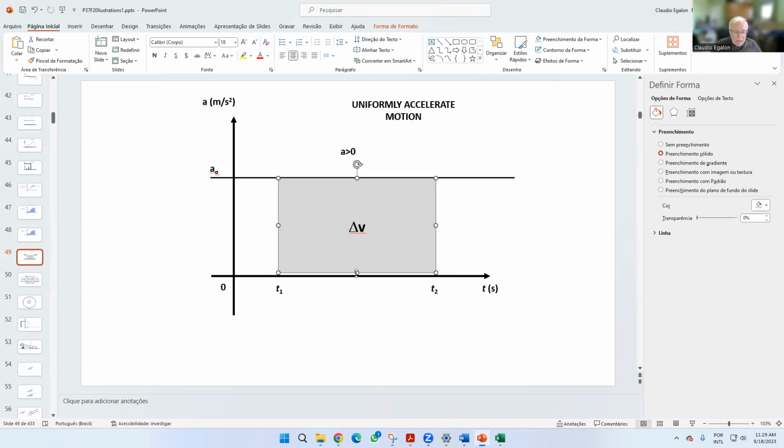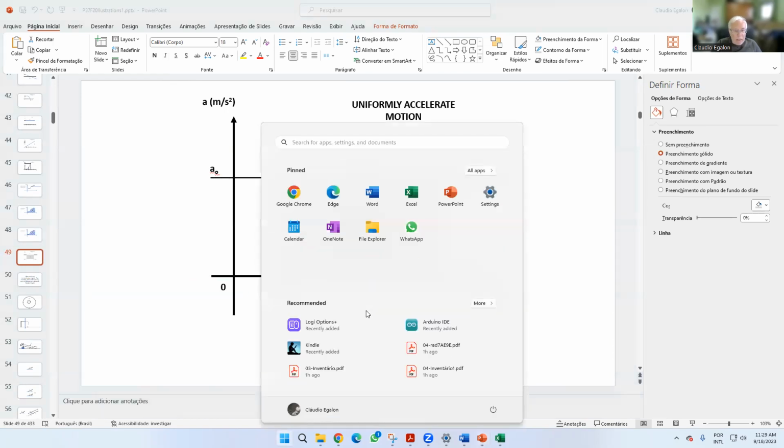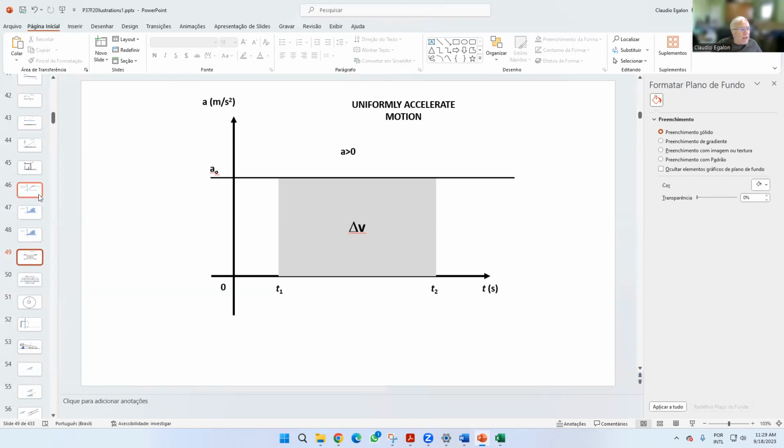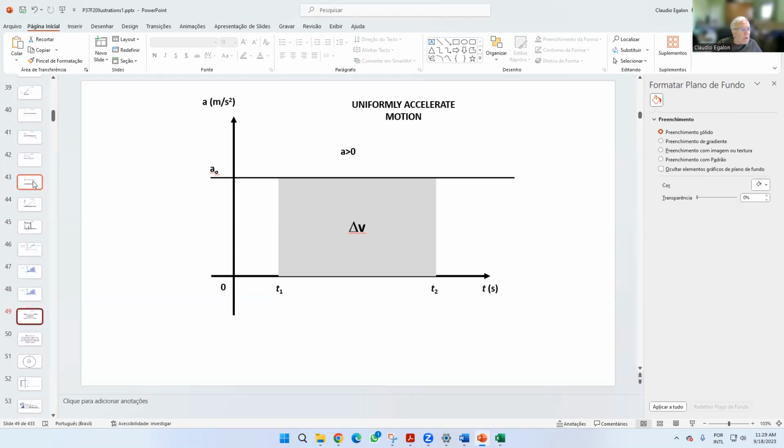And we can have the same thing for the v versus t graph.